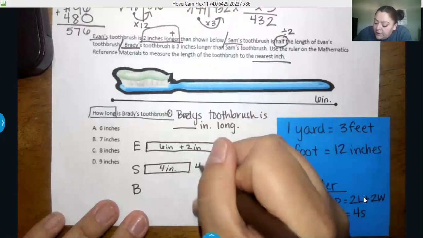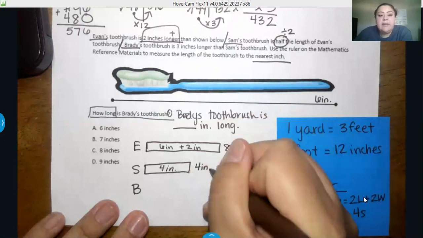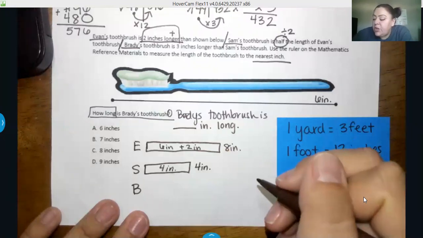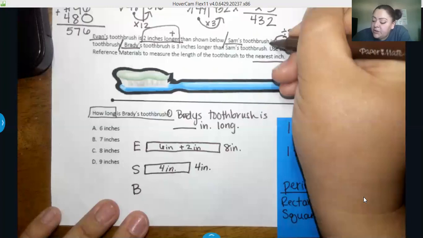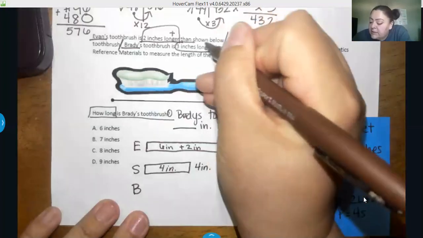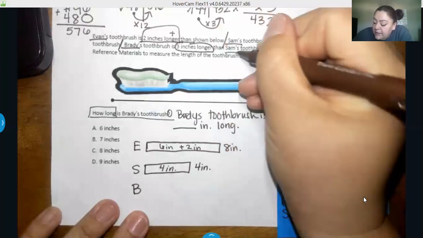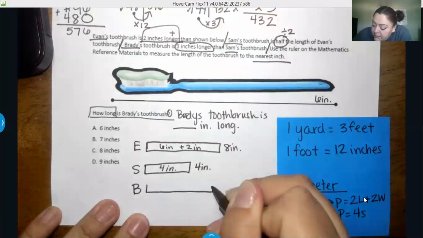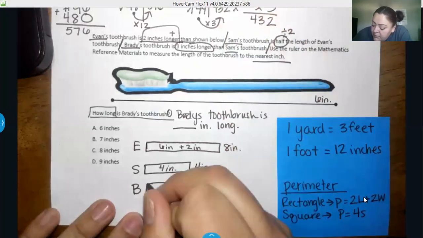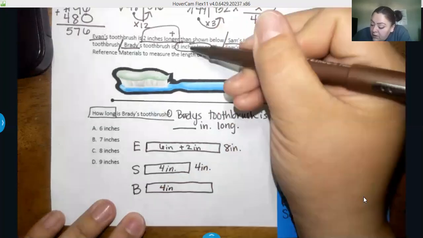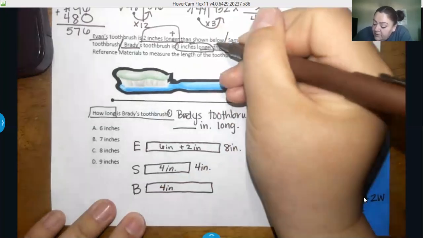So 4 inches. All right, the last one is Brady's toothbrush is 3 inches longer than Sam's toothbrush. So 3 inches longer than Sam's. So if Sam is 4, so it's got the same amount plus a little bit more. So it's got the 4 inches, but then again, they said longer than tells me I'm adding.